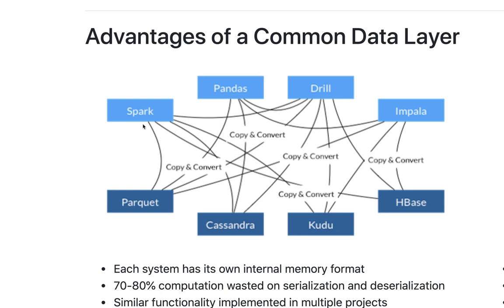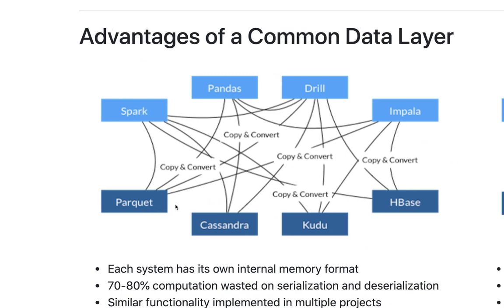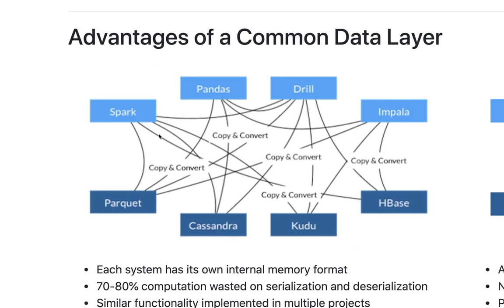But a lot of times, if you're using Spark with Python, you might have to be converting from Spark to Python. If you have the Parquet file format, which is a pretty popular format supported by Spark, you may actually have to convert between Spark and Parquet. If you have databases, you might have to be transforming that. If you're also using R, there's another conversion of data types going between Spark and R.